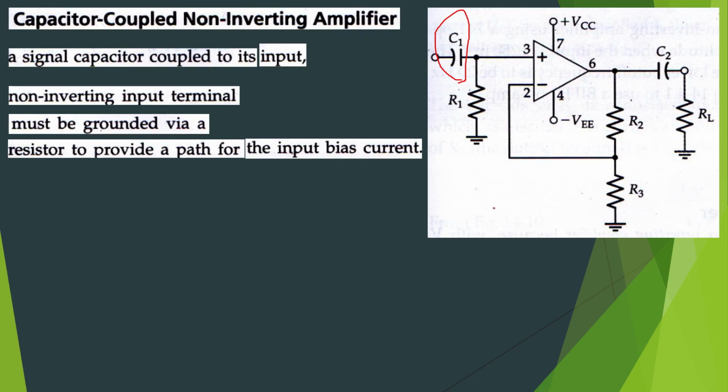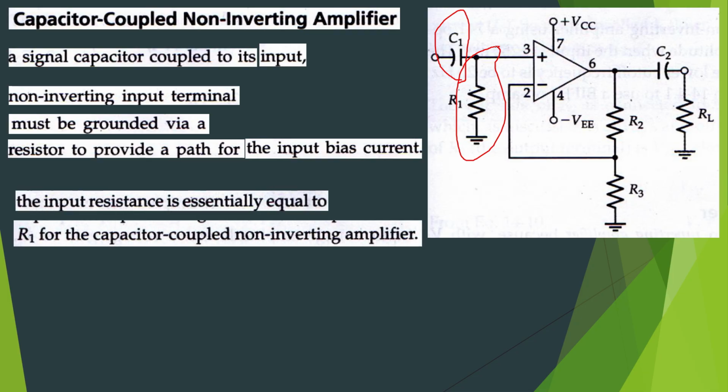The non-inverting input terminal must be grounded via a resistor. So this is grounded via a resistor to provide a path for the input bias current. The input resistance is essentially equal to R1 for the capacitor coupled non-inverting amplifier.